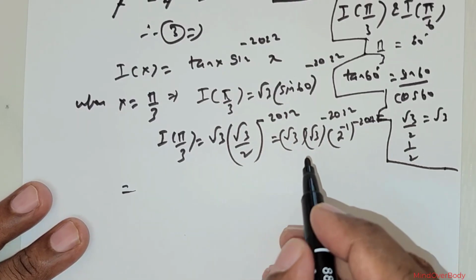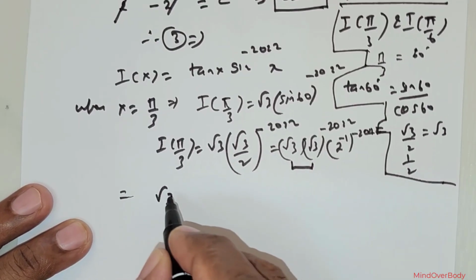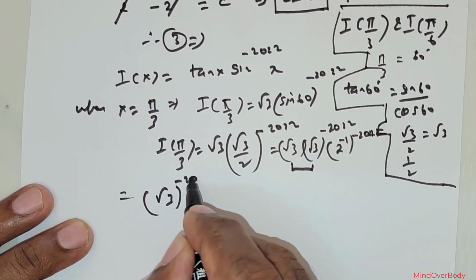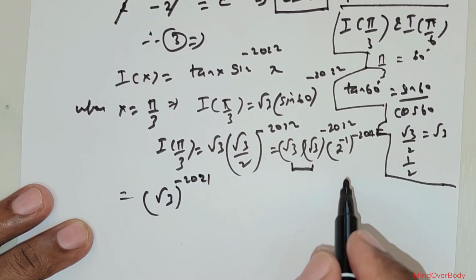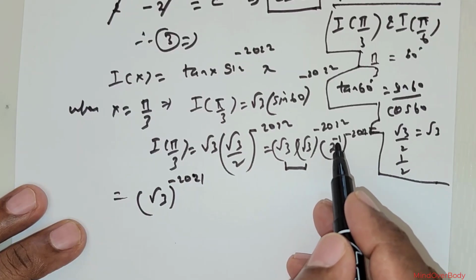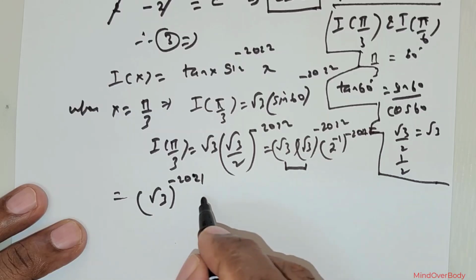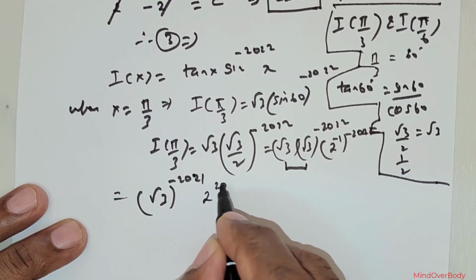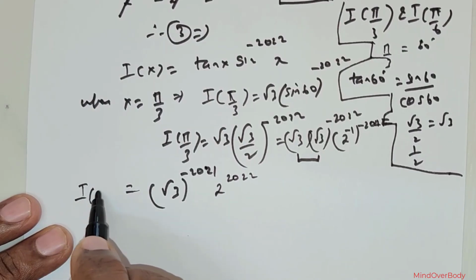But before pushing it down, I will club these two things. So if I were to club these two things, I would get root of 3 raised to the power of negative 2022. So 1 will go off. Now this is 2 raised to the power of negative 1. That in turn is raised to the power of negative 2022. So that will become positive. So it's going to be 2 raised to the power of 2022. Now what is this? This is nothing but I have pi over 3.